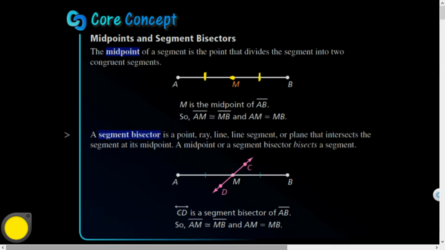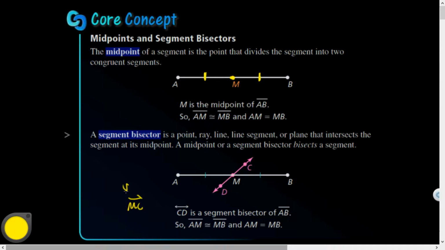In this case, you could say that line CD, notice the symbol with the double arrows, is a segment bisector of AB. I also could have said that point M is a segment bisector, or that ray MC is a segment bisector. Actually, I just realized something, guys. If I only put half of the arrowhead on that, this is mathematically referred to as a vector, which you might see in pre-calculus or algebra 2.